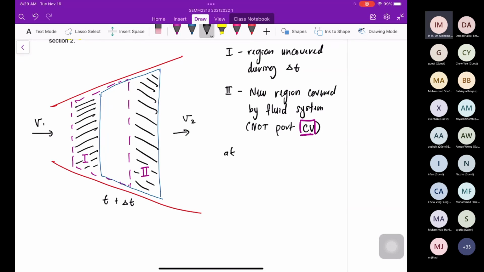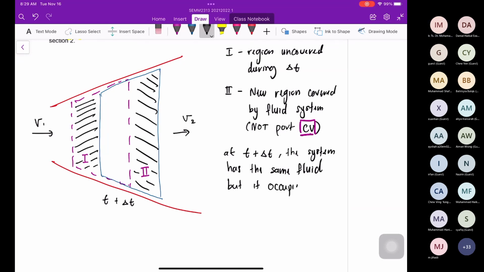At time t plus delta t, now it is 1 plus 2, for example, 3 seconds. The system has the same fluid. Remember, the system will always follow the fluid, but it occupies a region.